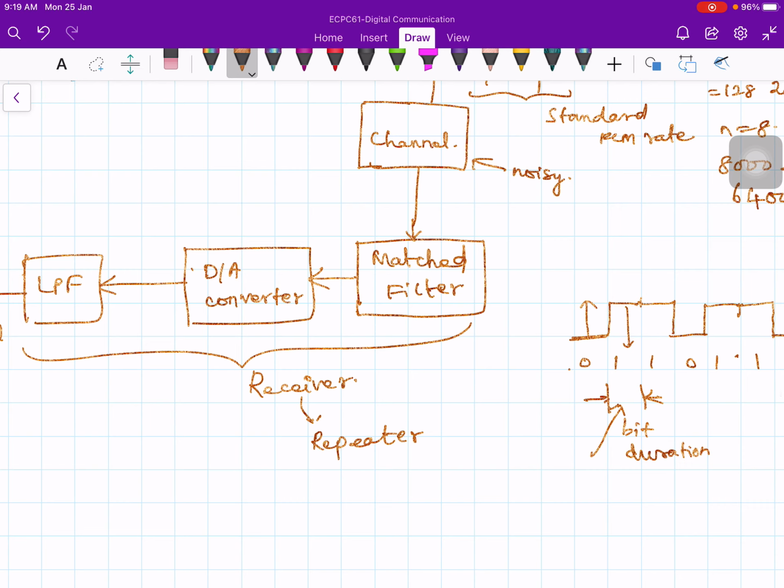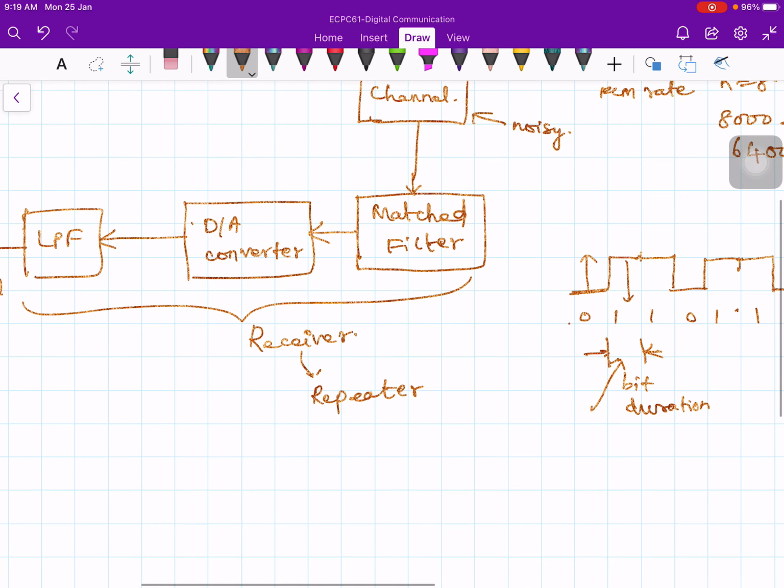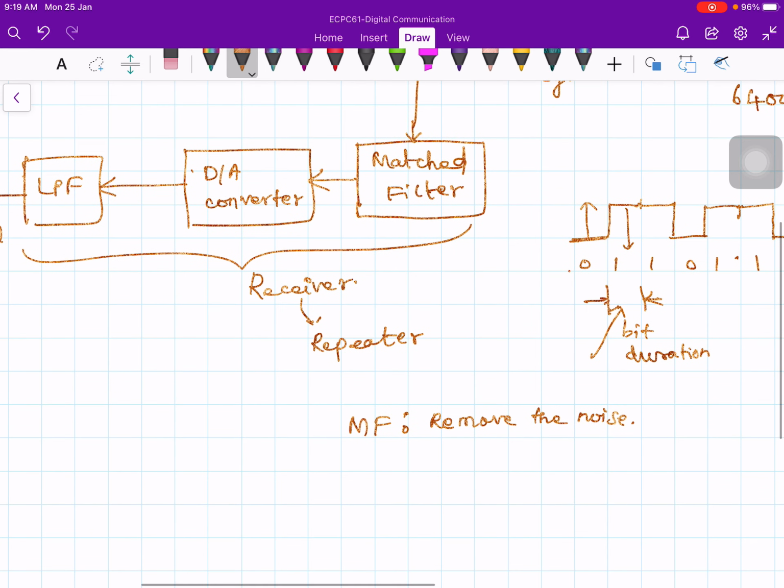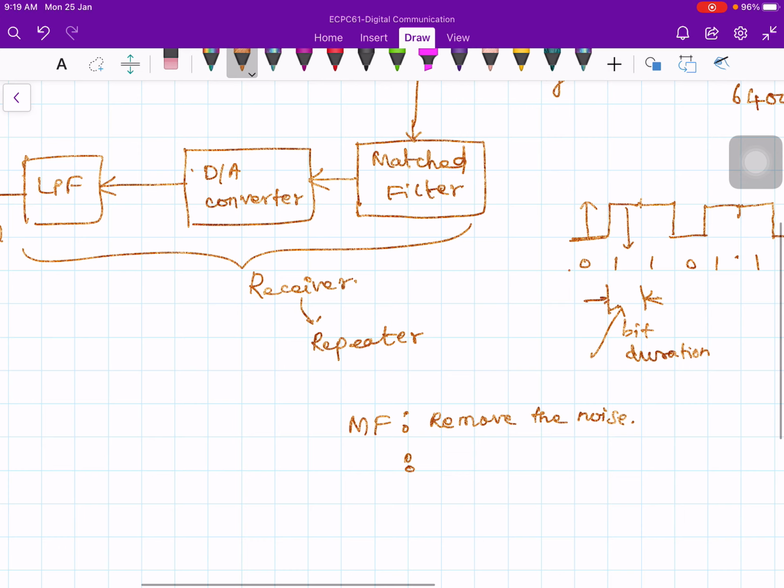Therefore, the purpose of matched filtering is to remove the noise, to get a sample value based on which you can make the decision more reliably, depending on the output of this matched filter. Therefore, the matched filter removes the noise as much as possible and helps to make the decision more reliably.